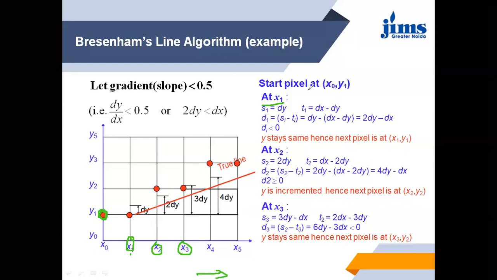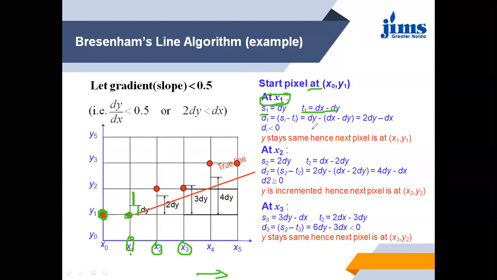At point x1, s1 is equal to dy, which means this distance, and t1 equals dx minus dy, which means this distance. If this is less than 0, we have to draw this pixel.